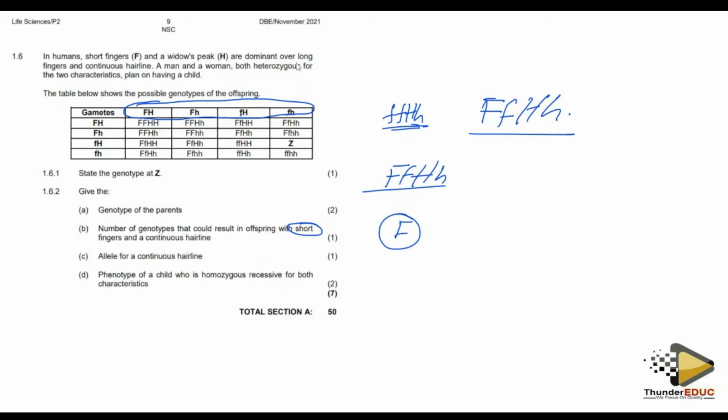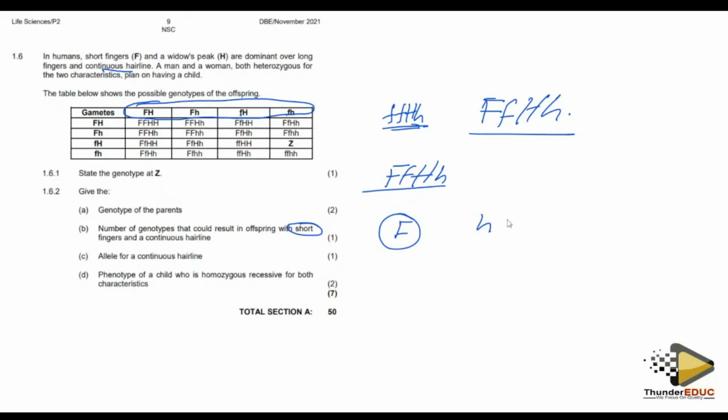Continuous hairline, we say that is recessive, meaning small h. But recessive cannot show in the genotype unless these two are being shown.